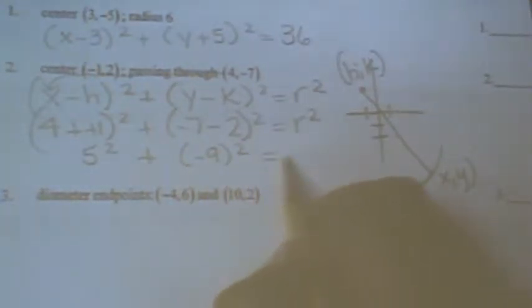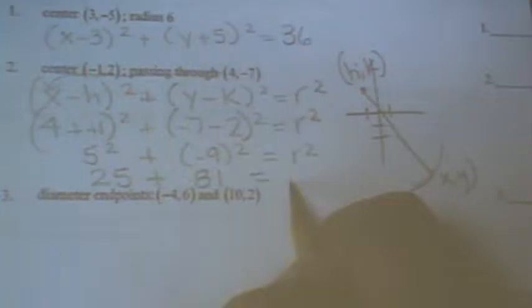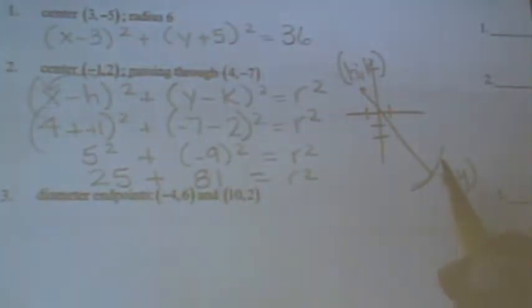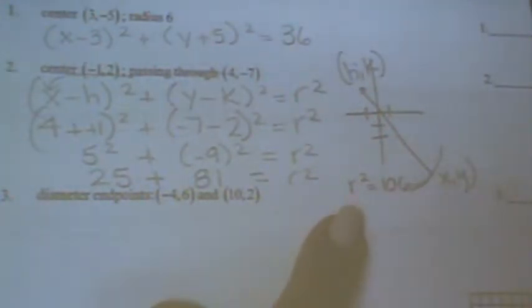So you have 5 squared plus -9 squared. What's -9 squared? 81. So 5 squared is 25. What's 25 and 81? 106. So r squared is 106.